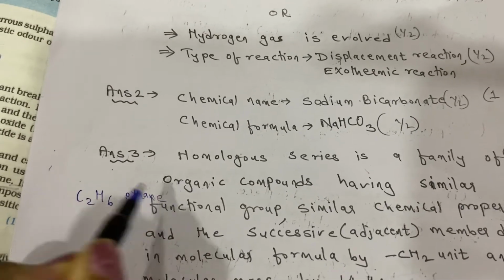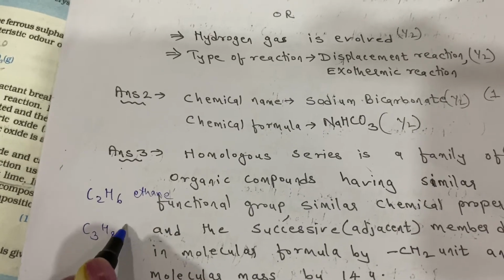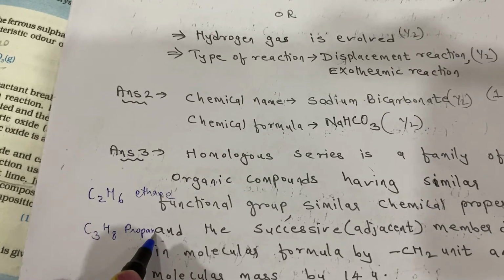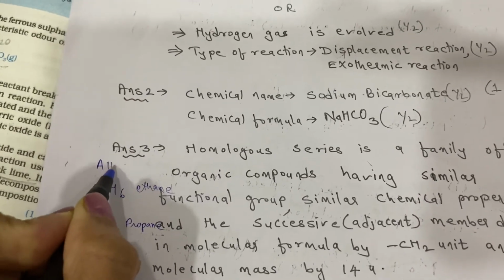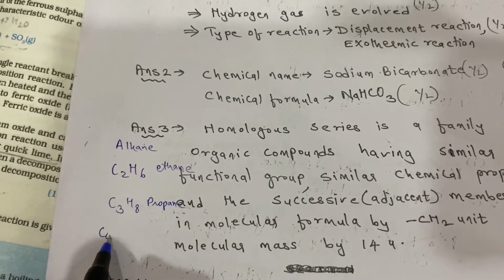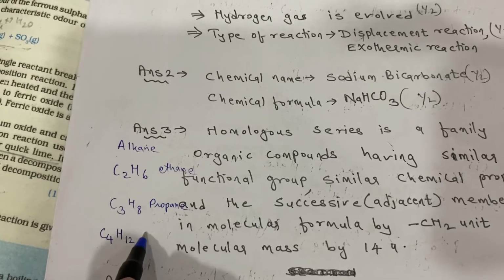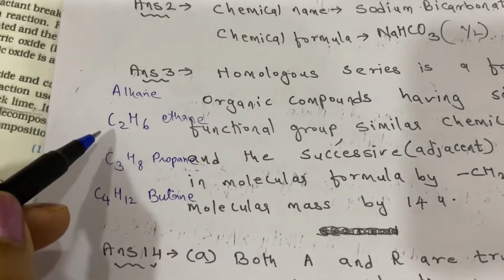And the second carbon compound is C3H8, that is propane. So this is a homologous series of alkanes. I am writing here. And the third successive member is C4H10, this is butane. So these are the homologous series of alkanes.